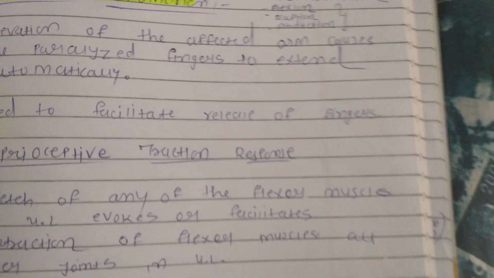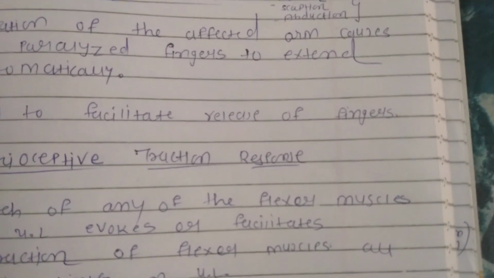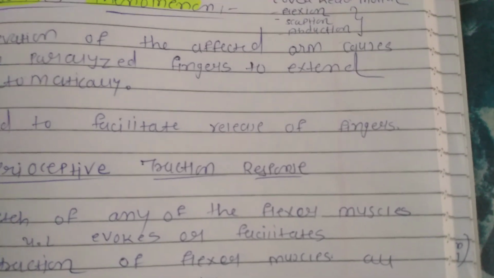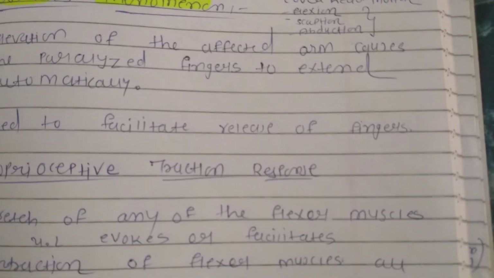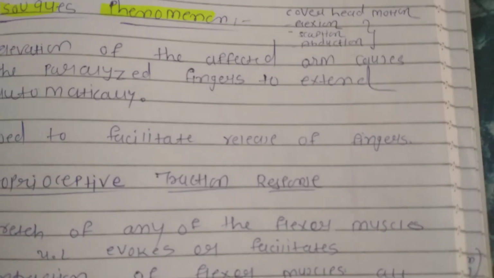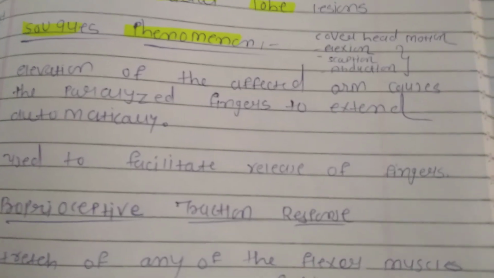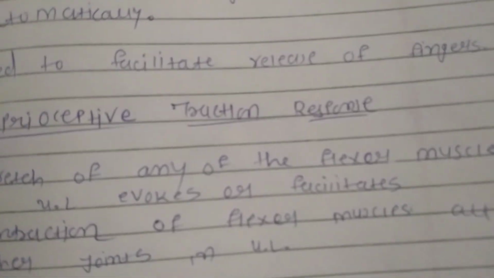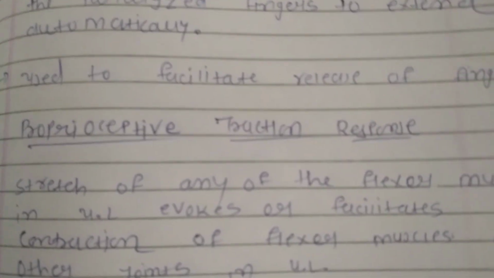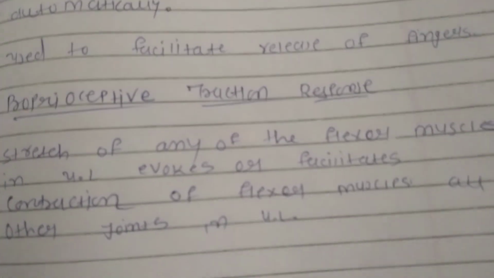This occurs automatically in the patient. In some patients this is not seen. This is the theory; you might see a difference practically. So if there is elevation of the shoulder, there will be automatic extension of the fingers. What is the name of this? Souques phenomenon.